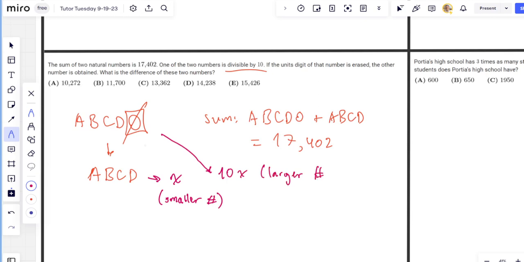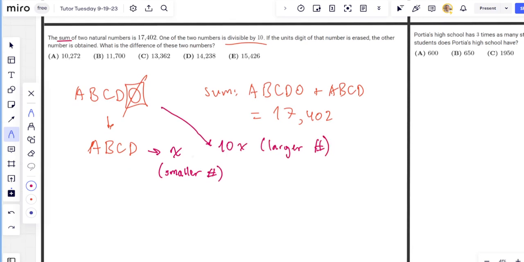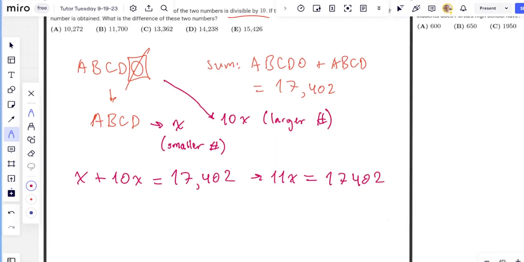And we have the information about the sum: the sum of the smaller number and the larger number, x plus 10x, is 17,402. Or simply put, 11x equals 17,402. Everyone following so far? I hope.